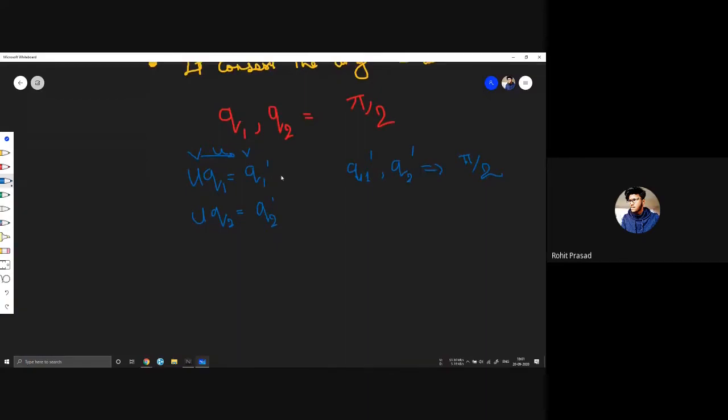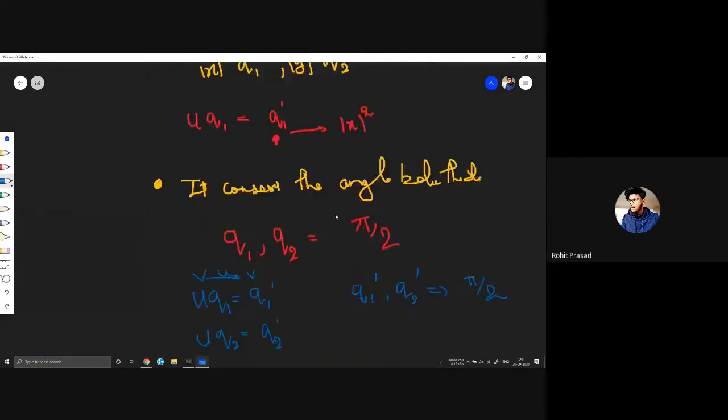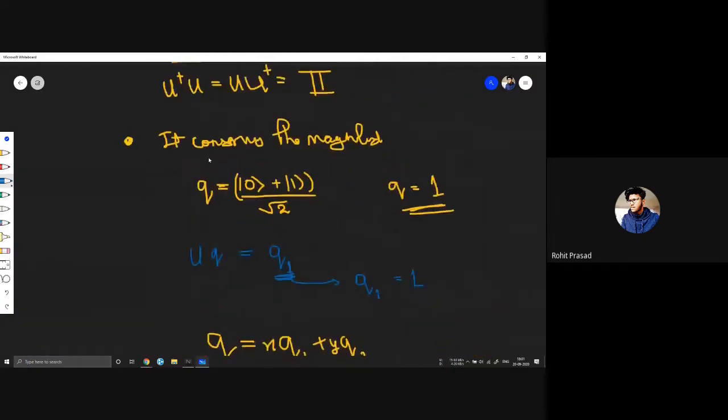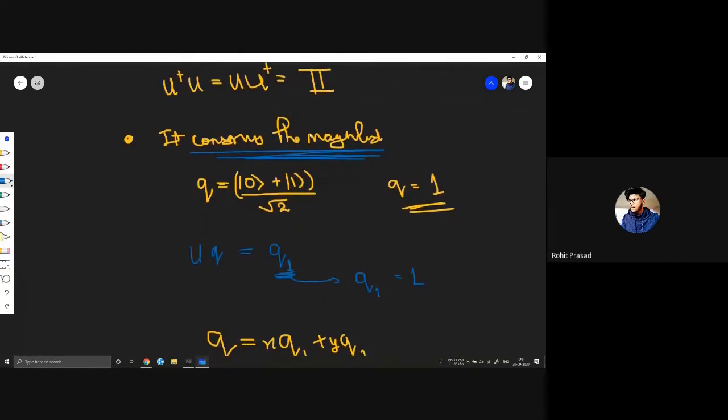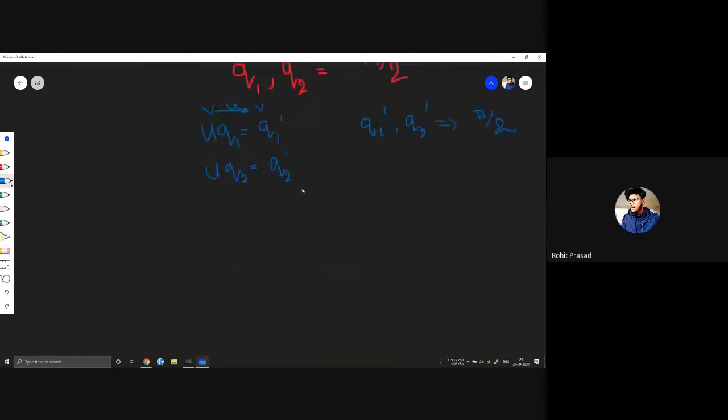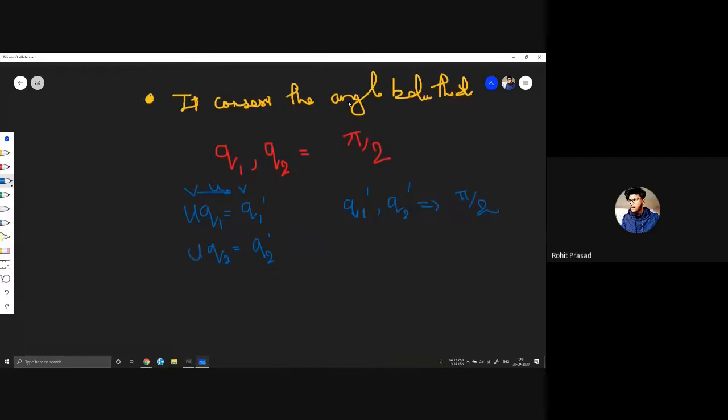Okay, so why do we need this? The first one, conserving the magnitude, we want for the probability, right? And we want it to conserve the angle because I haven't shown you the Bloch sphere yet. So we will talk about this conservation of angle when I talk about the Bloch sphere in the next session.